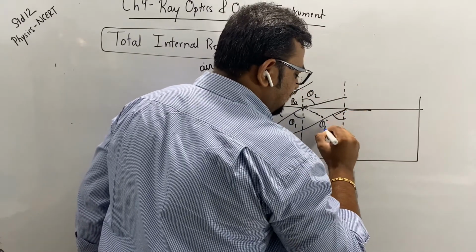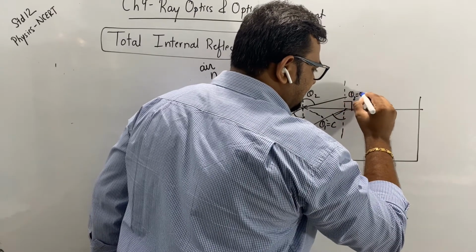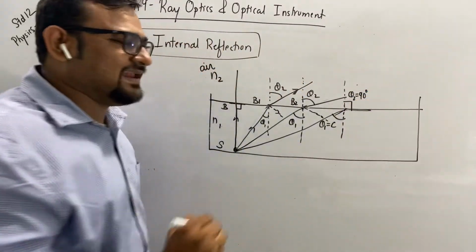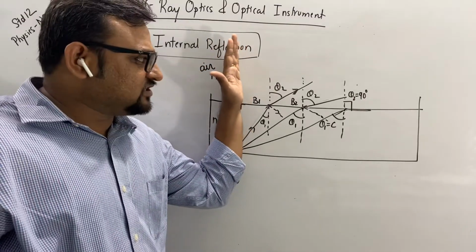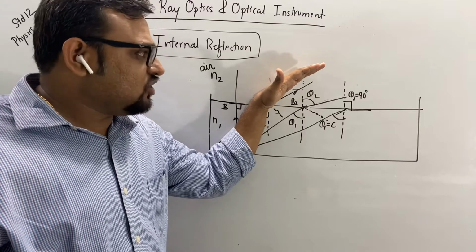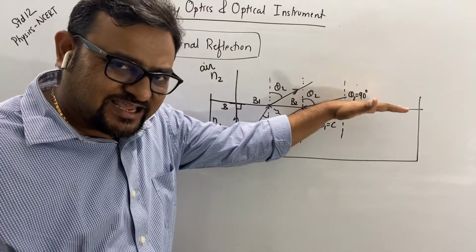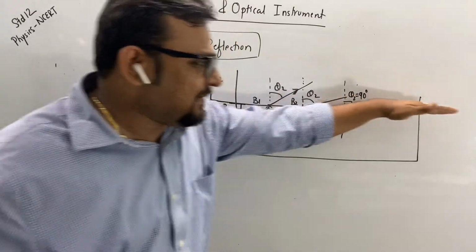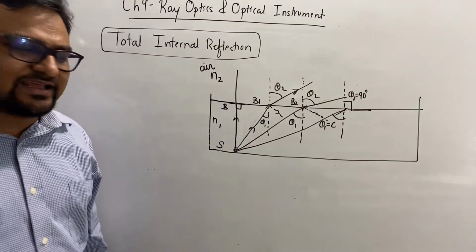This theta 1 is equal to C, and the refracted angle is equal to 90 degree. Right? What you observed initially, the refracted angle was this. As you increase the angle of incidence, it bends towards the surface or away from normal, and at one stage, it will be parallel to the surface. So this angle is 90 degree.